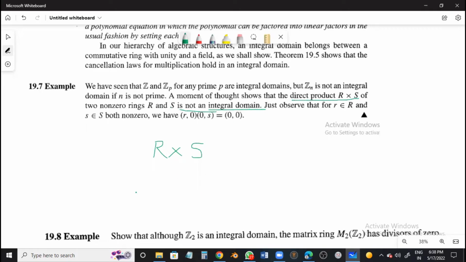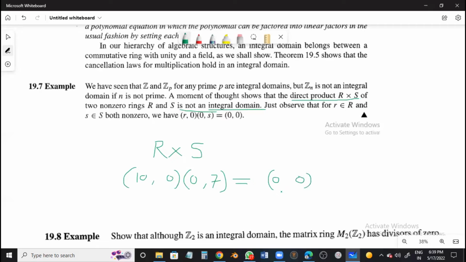Why? Because you may have members like this, R comma 0. Suppose I take 10 comma 0, and here I may have 0 comma 7. What is the product? We multiply them individually. 10 times 0 will be 0, 7 times 0 will be 0.